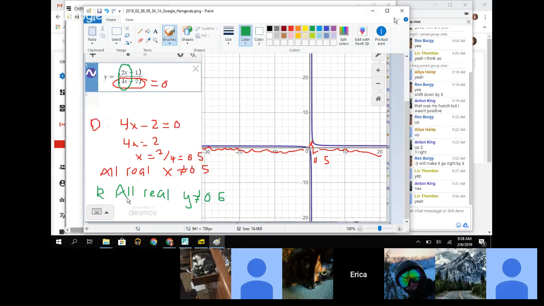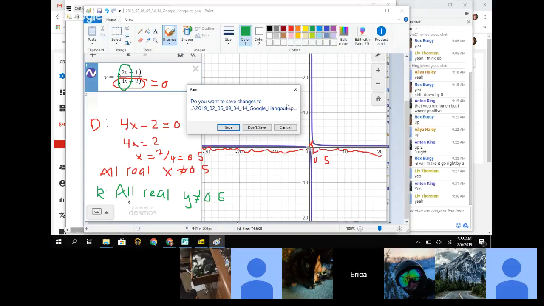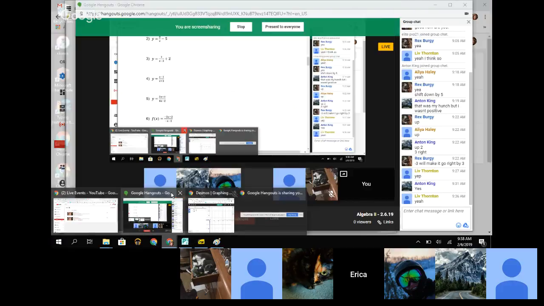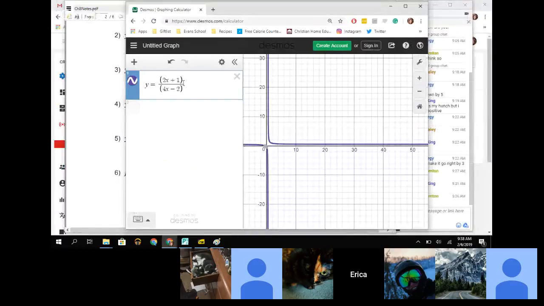All right, so let's do the last one on here. The last one is f of x equals, and again, I'm going to put it in parentheses, negative 3x plus 2 divided by negative x minus 1.